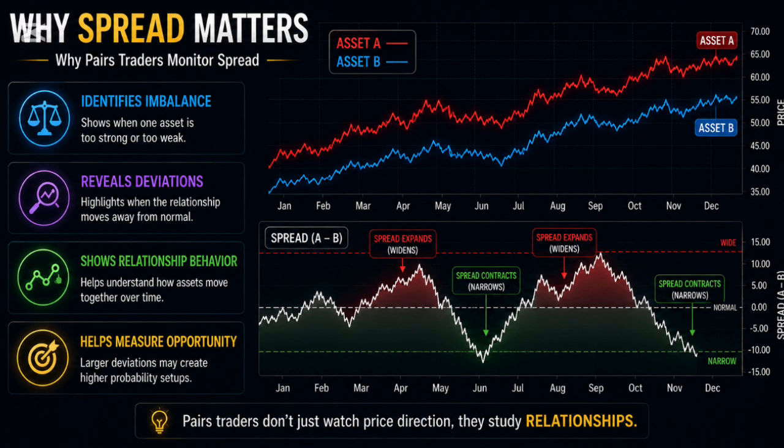Spread helps traders to be able to identify imbalance, to be able to identify or detect deviation, understand relationship behavior, and measure potential opportunities. And also because pairs traders are not only watching price direction, we are studying the price relationship.